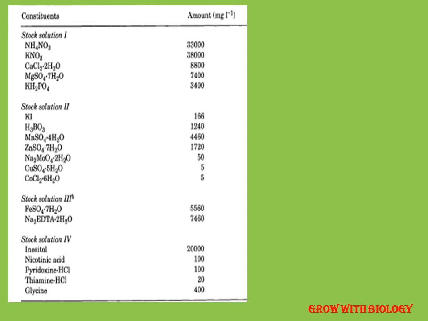One procedure says that whatever growth hormones you require for the experiment, you can directly add to it. Some growth hormones which you get in the laboratories in packed form are not sensitive to heat, so you can add them before autoclaving.